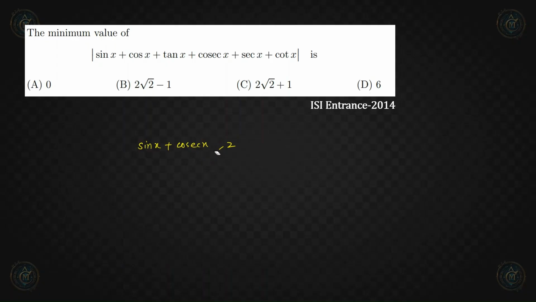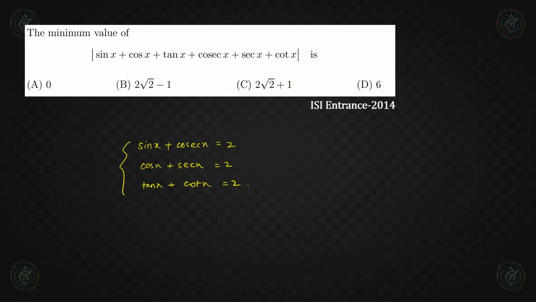All these three equalities must hold true so that the minimum value is equal to 6, right?